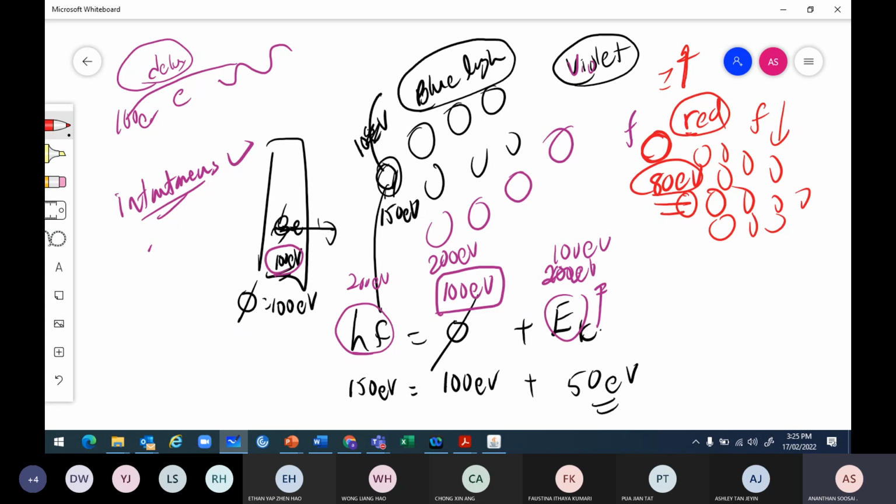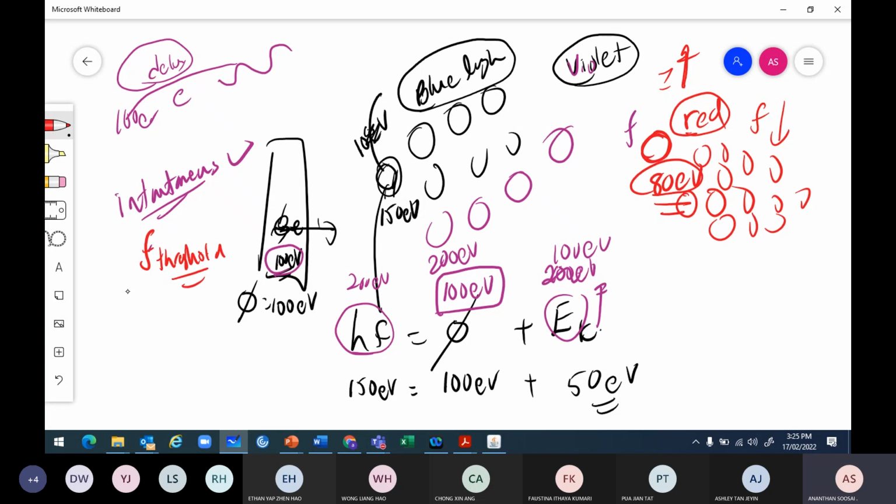So the electron won't be released at all. His idea explains the existence of the threshold frequency: below a certain frequency the electron cannot be released, because the photon energy is lower than the work function.